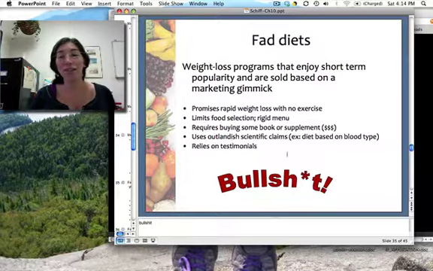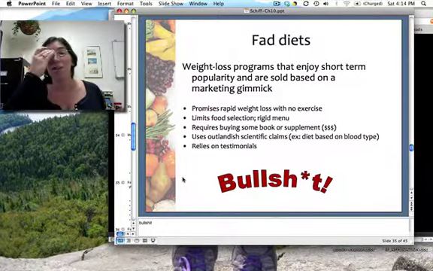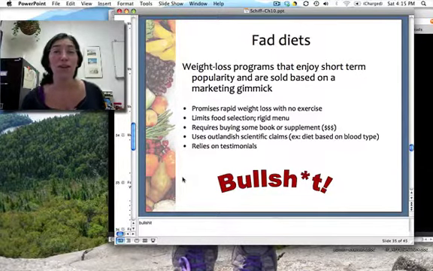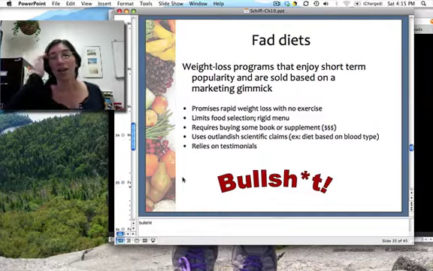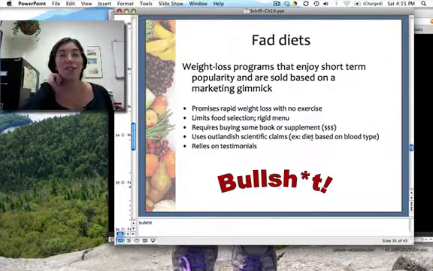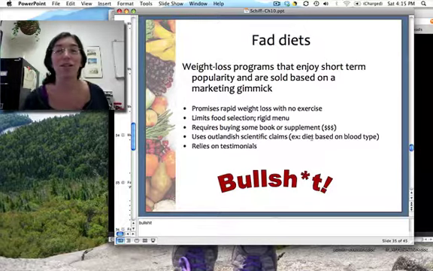If it uses outlandish scientific claims, and this is hard, a lot of Americans just don't have the scientific understanding to know when a scientific claim is real, legitimate or not. One example is a whole series of diet books based on your blood type.